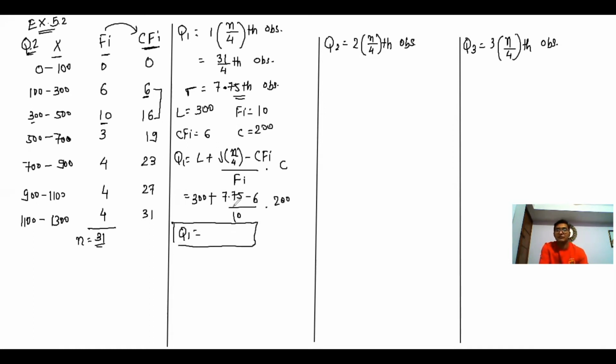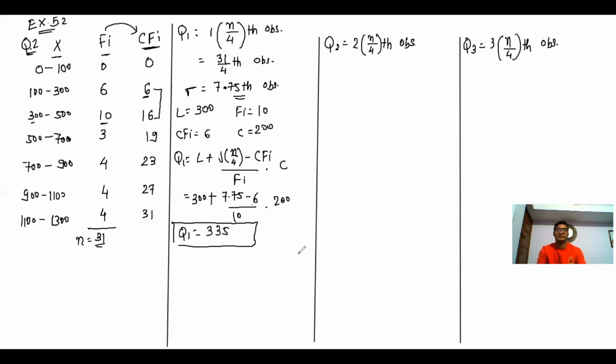In one simple step, we can solve this entire equation. First of all, in your calculator: 7.75 minus 6, multiplied by 200, divided by 10. We got the value 35, and add it to 300. Then our answer will be 335.